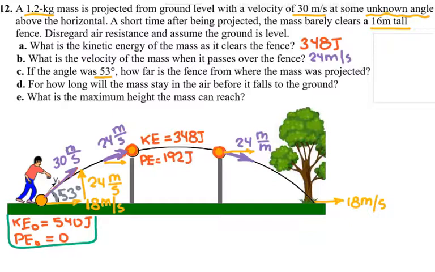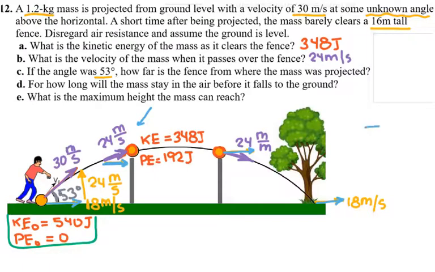Now when I am passing over the fence, let me make this horizontal velocity blue. When I'm passing over the fence, this velocity is the same, 18. So I'm going to redraw that triangle.